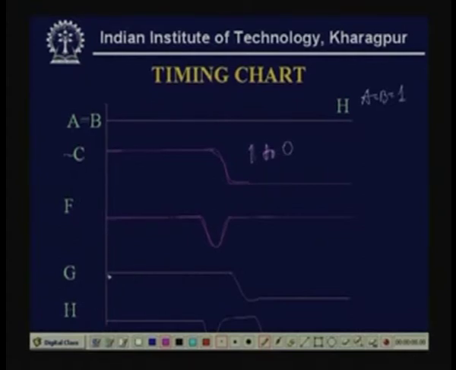See that G value, during this transition again it will be some delay, and H, again where the F was there, that time some glitch will be. That means for this particular circuit with the static hazard, we are also getting some more hazards.